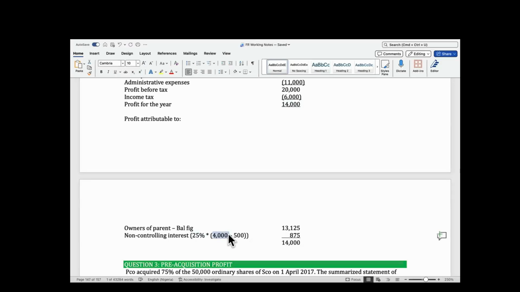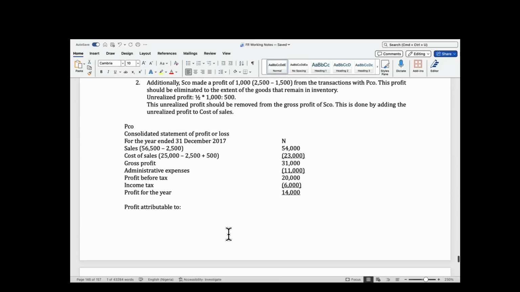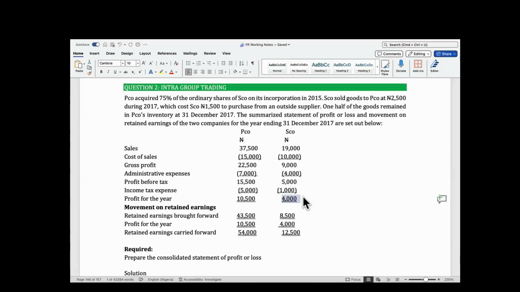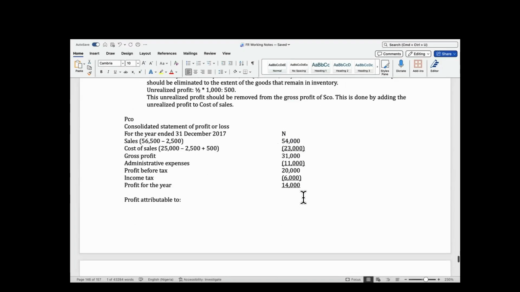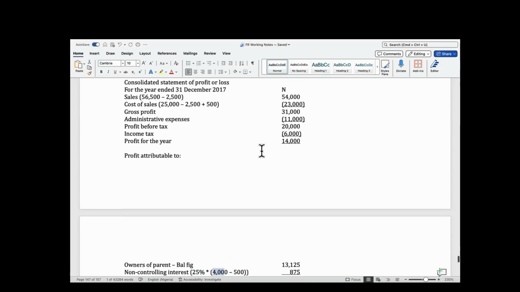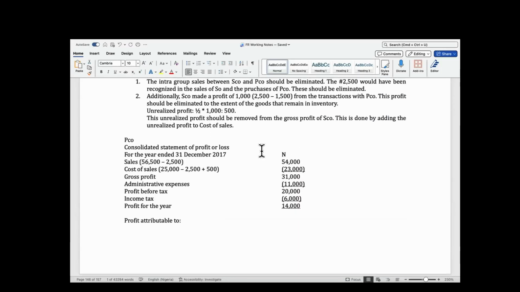He only has a share in that. And the profit of the subsidiary, you get it from the correction. So when you do 25% of 4,000, but wait, this profit of the subsidiary, because he made an unrealized profit, which we have eliminated.